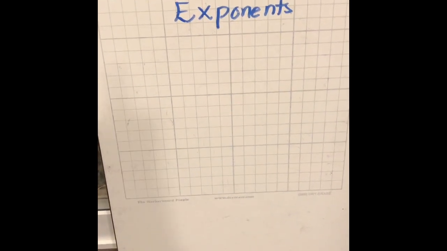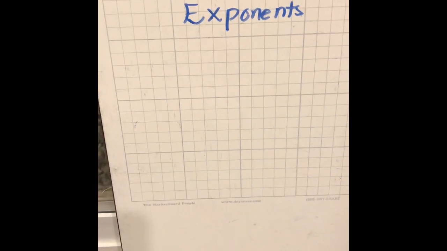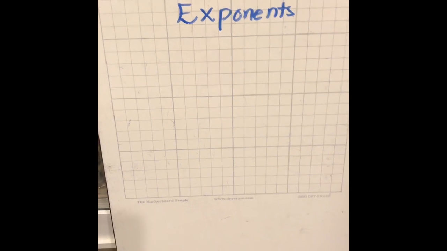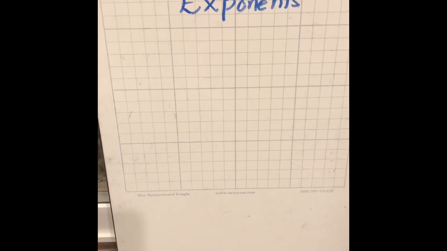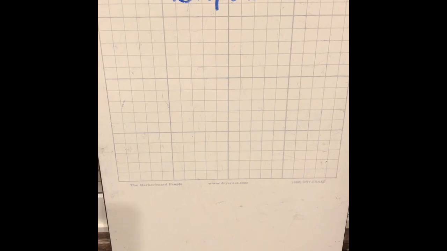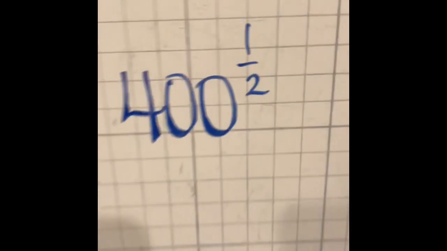So we've worked already with exponents. What makes an exponent rational? Remember, rational numbers are any numbers that can be written as a fraction. So in this section, when we're mentioning rational exponents, we're looking at base numbers that have fractions for exponents. So let's take a look. Say we have 400 to the power of 1/2.